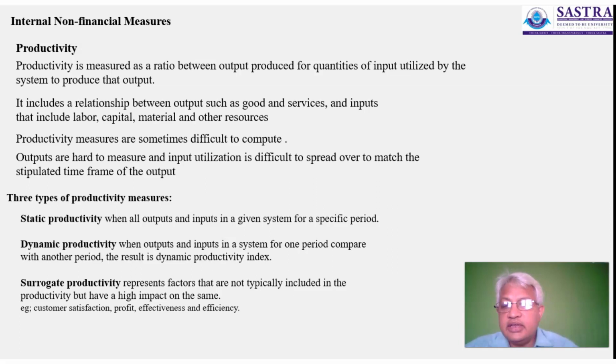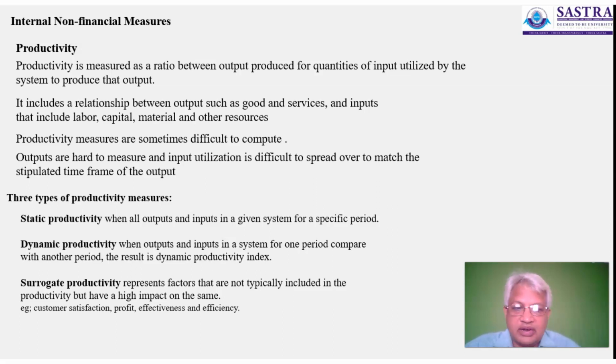In productivity, there are three different types of productivity measures: static productivity, dynamic productivity, and surrogate productivity. Now, static productivity is at one time. That's why we call it static. That means when all outputs and inputs for a specific period are put into numbers and calculated, we call the answer a productivity measure.